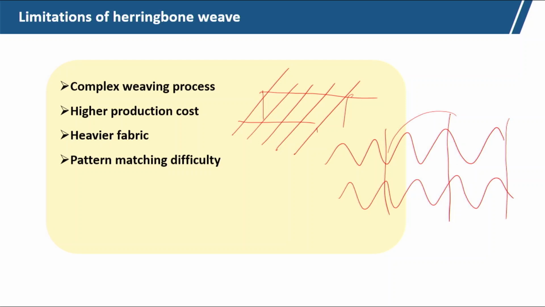So, pattern matching will be very difficult. Limited stretch, risk of snagging. Because we have float length, this is true for twill also.